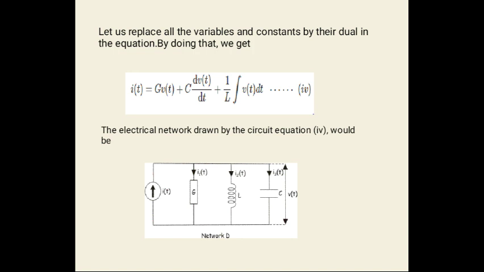Now the electrical network drawn from this circuit equation would be a current source of IT with parallel branches consisting of conductance G, inductance L and capacitor C. Voltage across each element is Vt. Current flowing in the elements is I1t, I2t and I3t.